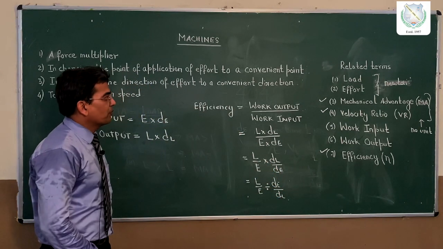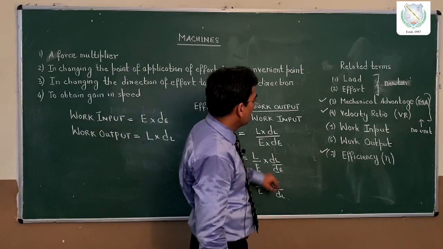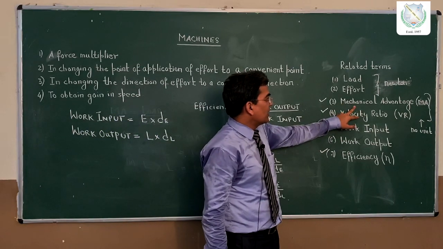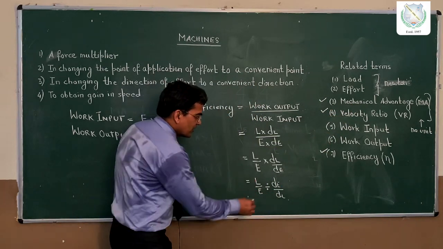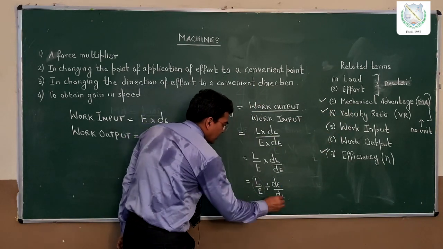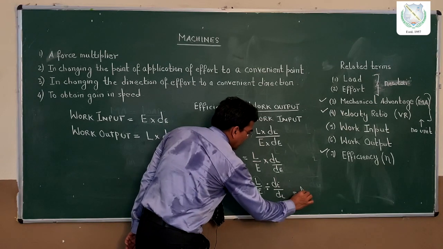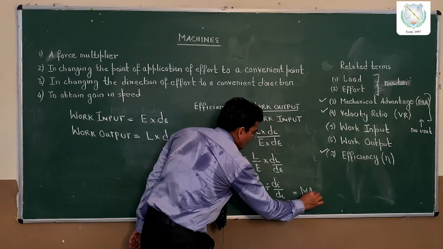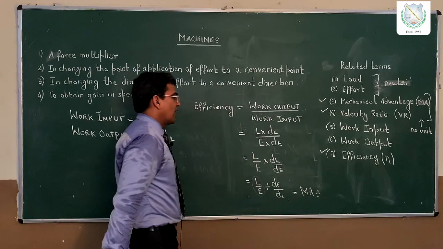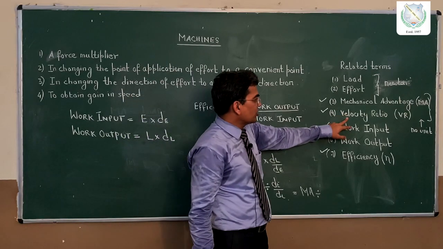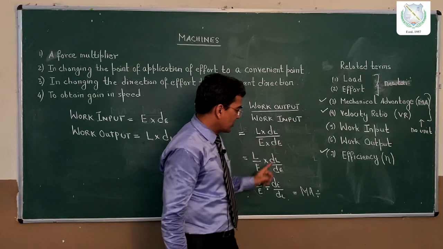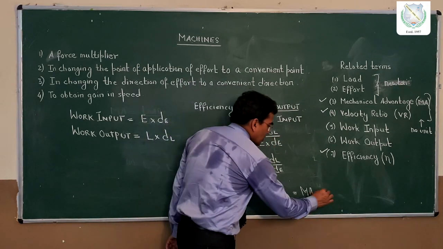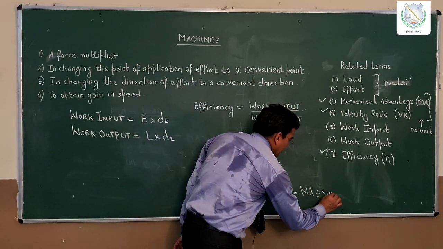Now here we know that mechanical advantage is the ratio of load and effort. So this term, load upon effort, can be replaced by MA, and velocity ratio is the ratio of displacement of the effort to the displacement of load point. So this can be replaced by VR.